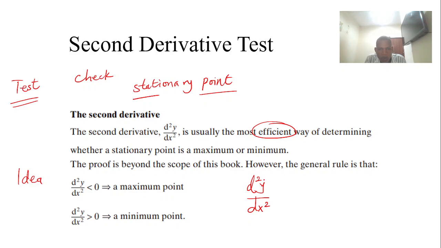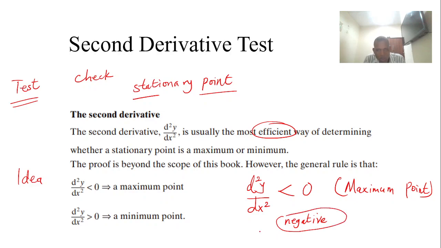Now if your second derivative is less than 0, which means it is negative, then that point is a maximum point, or we call it a local maximum. So if your second derivative is a negative number, like -2 or so, that means your turning point is a maximum point.